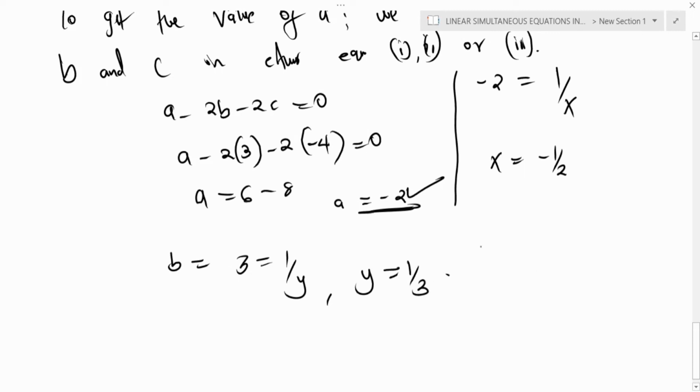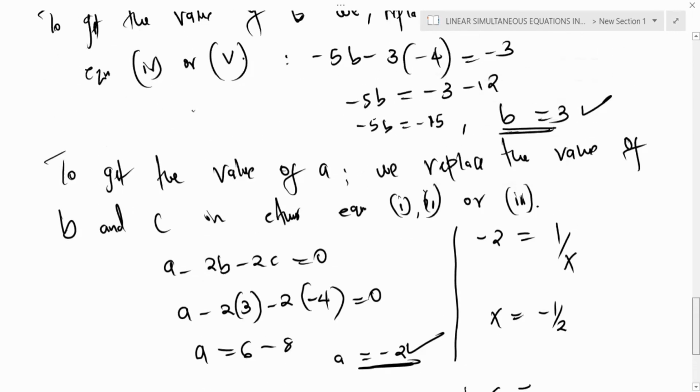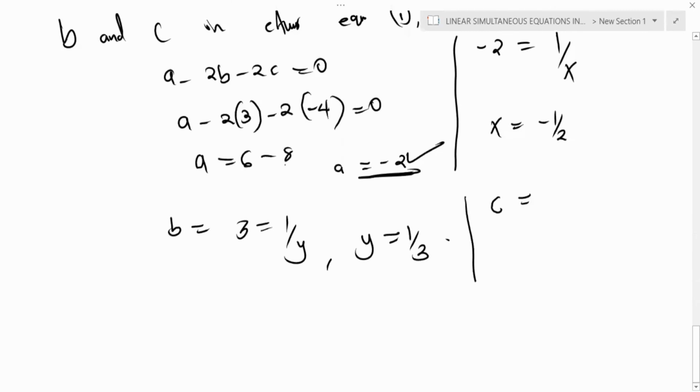And finally, our C, which is equal to minus 4, was 1 over Z. Sorry, C was equal to 1 over Z. Our C is equal to minus 4, and it is 1 over Z. So what's the value of Z?